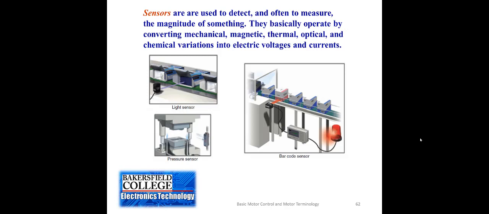It could be mechanical, it could be magnetic, it could be thermal, it could be either light or color, it could be some type of chemical condition, such as the acidity of the liquid that it's measuring, something like that, into either voltage or current, or it could be just the flow of current in a switch. And what they're doing now is that a lot of these sensors have been built with converters in them that make digital data that the computers or the controllers connected to them understand.